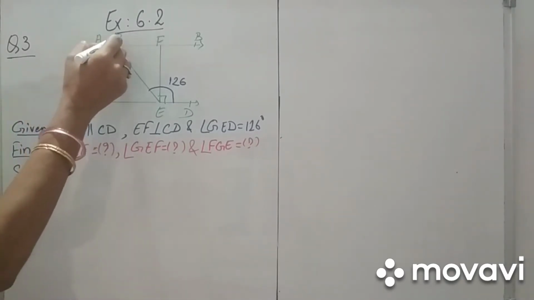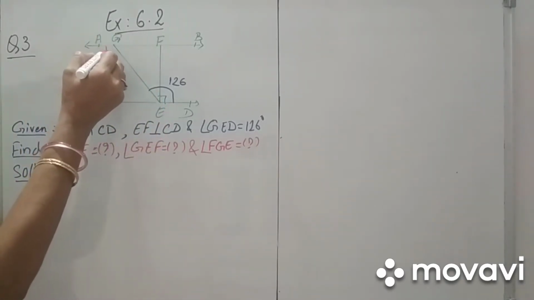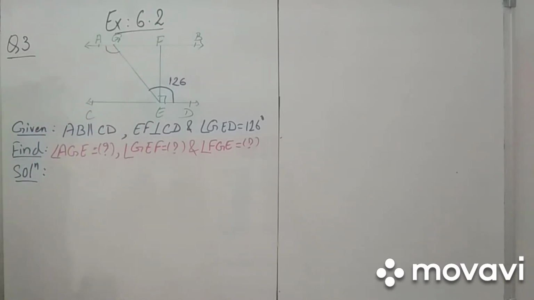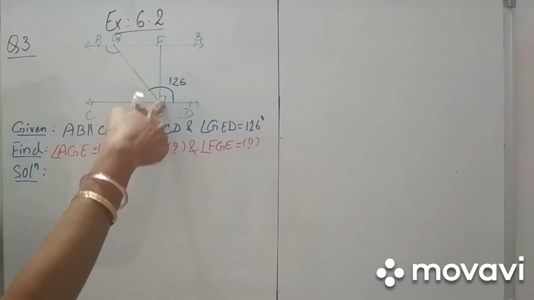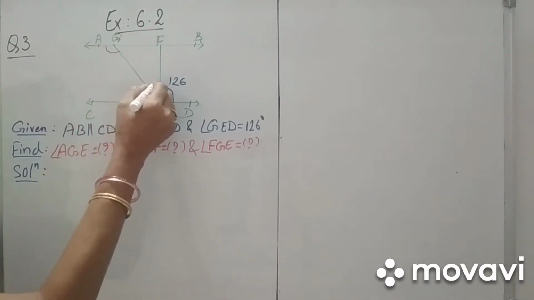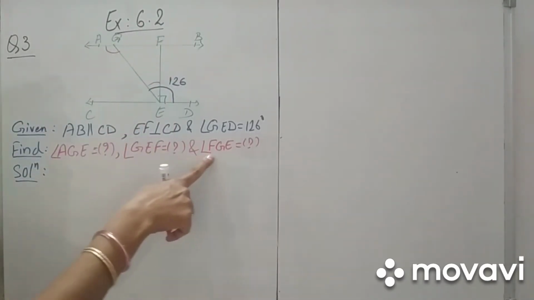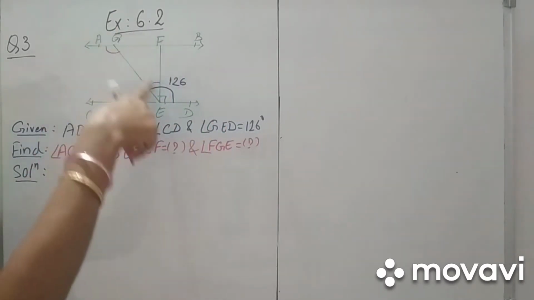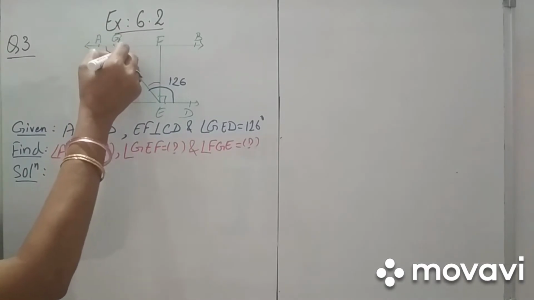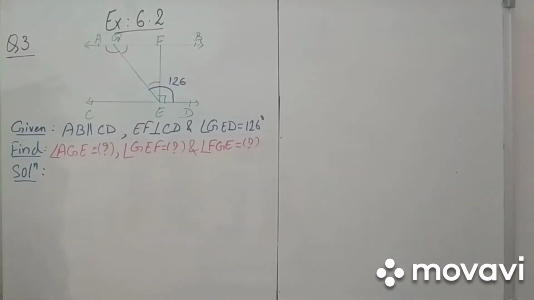AGE, this angle, we have to find out. GEF, this one. FGE, this is also we have to find out. So, let's start how to find it out.